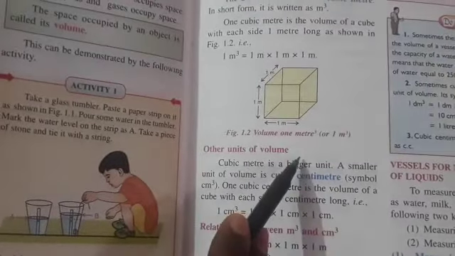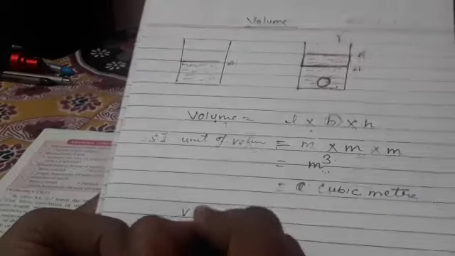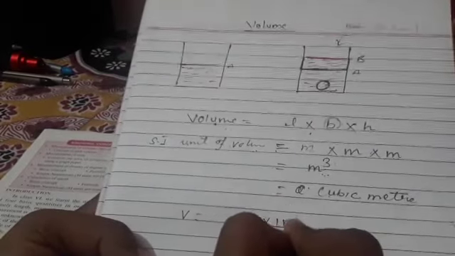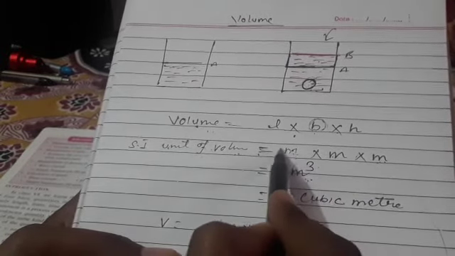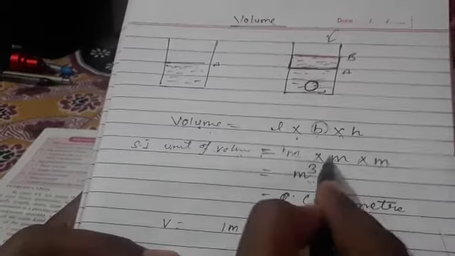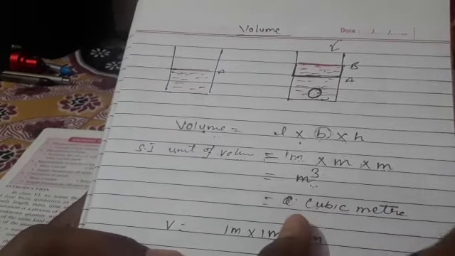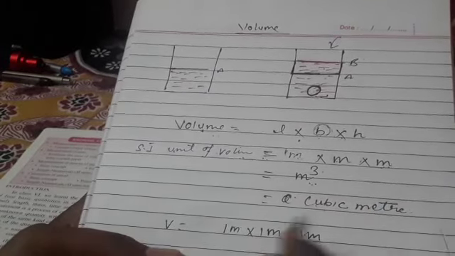Okay, so now next topic is other units of volume. There are so many other units of volume. Like if I am talking about volume equal to 1 meter into 1 meter into 1 meter, maybe you understand, if I am taking meter, meter and meter, then if I put 1 and 1, then there is no harm, there is no difference in the answer.